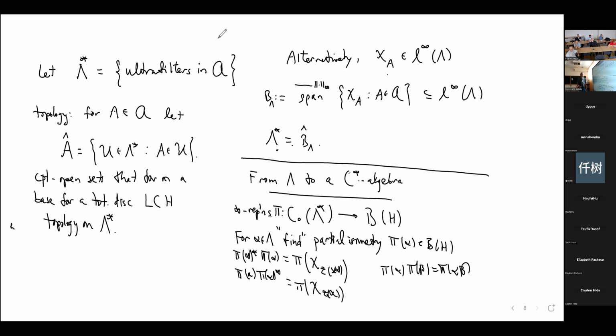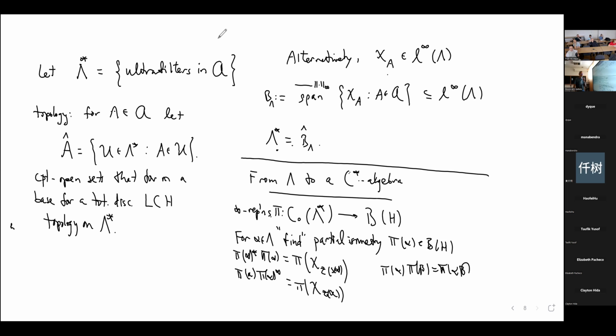L2 of lambda is one example where this happens, but there can be many others. So it's a definition of a representation in a Hilbert space by partial isometries. But if L2 of lambda is an example, what is the measure?